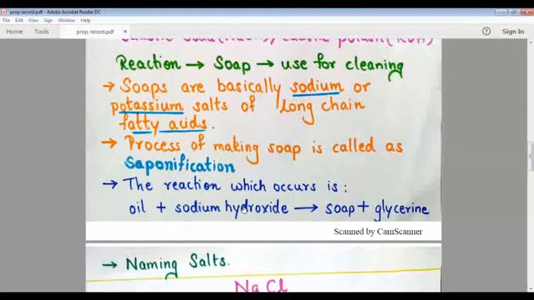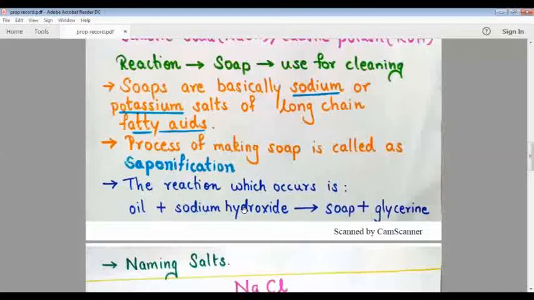The third thing is that in the process we have added salt in the suspension mixture. Why have we added it? Just to separate out the soap. And this process is called salting out of soap. Now, when salt is added to separate the soap from the suspension mixture, soap will separate.